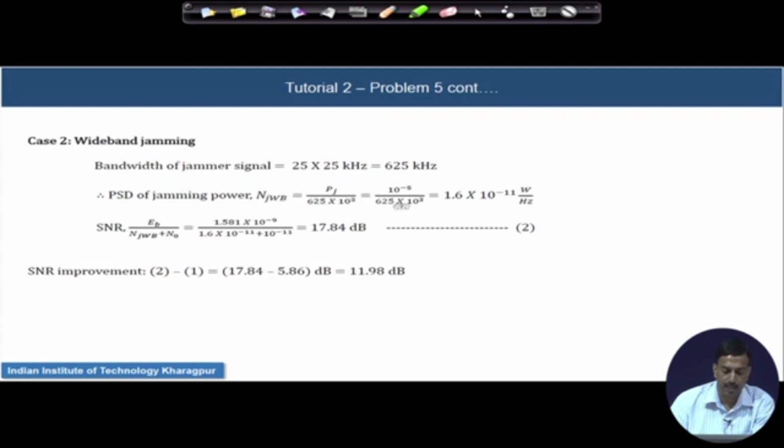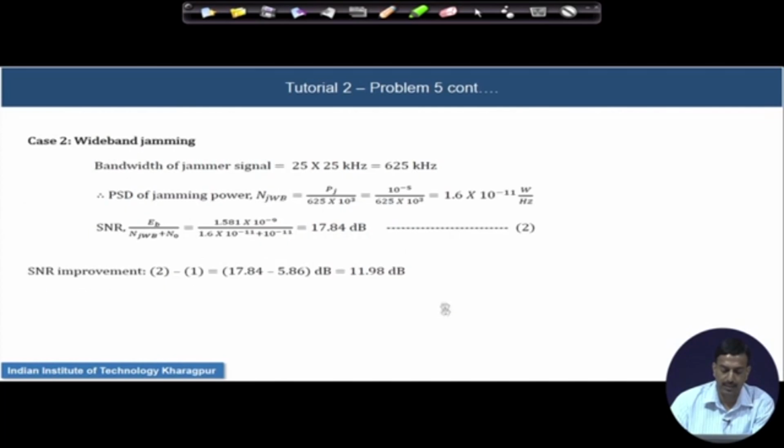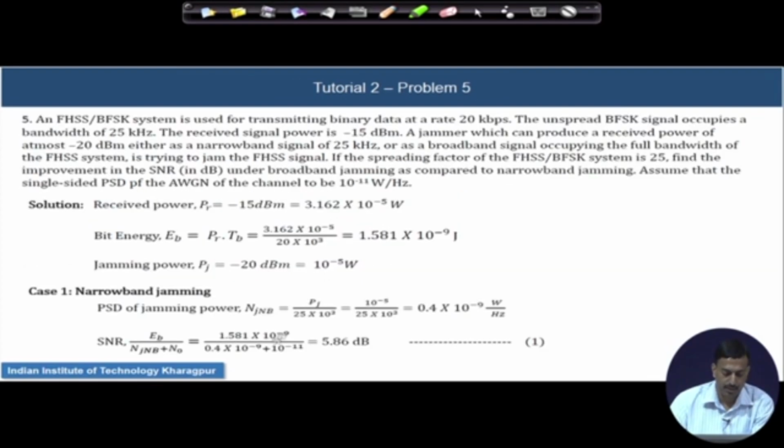We have a wider bandwidth, and so the PSD, it turns out, is lesser than the PSD of the narrowband case. And this has a clear-cut impact on the new SNR that we calculate. The AWGN PSD remains the same, but the PSD of the jammer is now reduced, and so the SNR at the receiver has increased. So what we notice is the SNR in case of wideband jamming is greater than that of narrowband jamming.